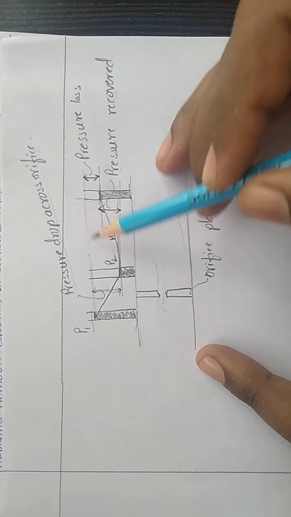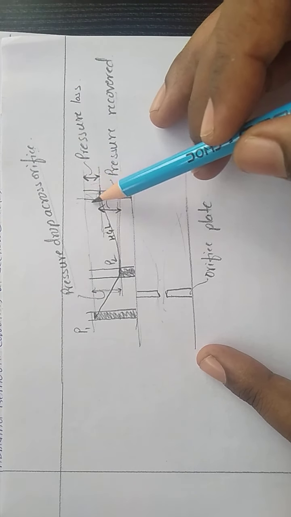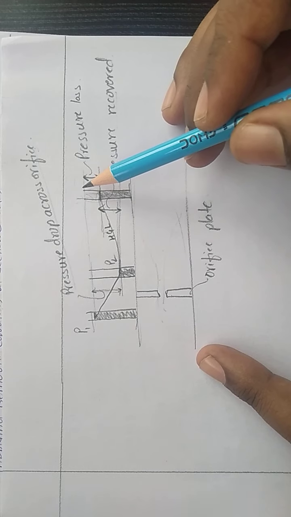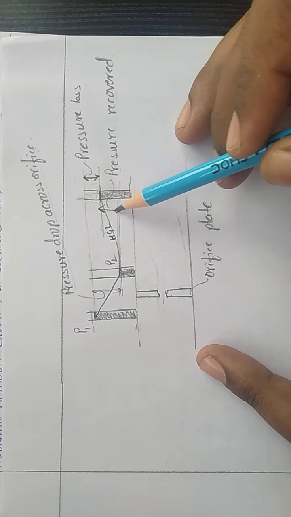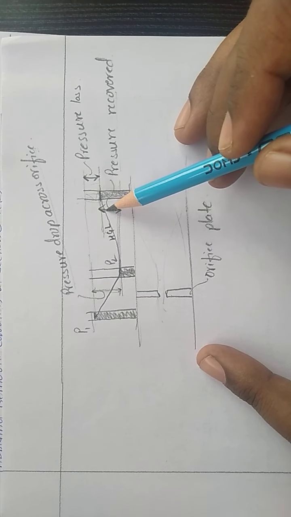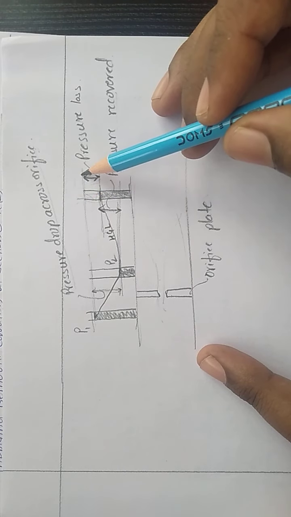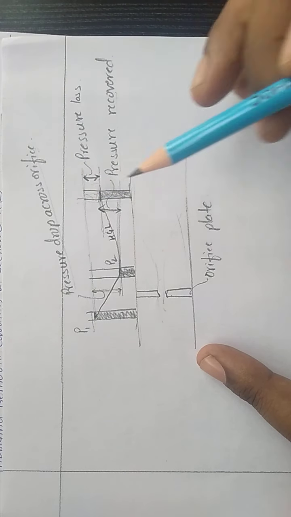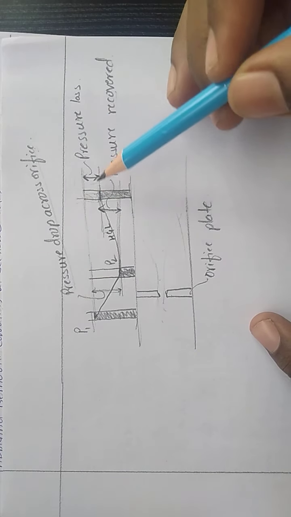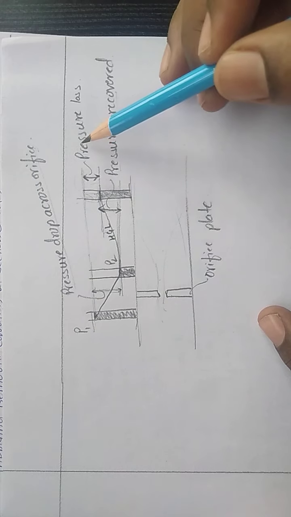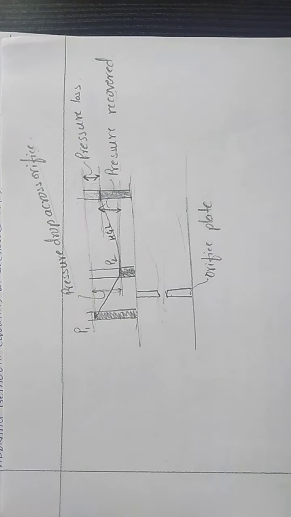So there is a difference of this much pressure head. This is the complete pressure head loss, and we cannot recover it. Only this portion of it is recovered. Ideally we were supposed to have the same pressure head here, but we are not. There is a permanent loss. So if you are using an orifice plate, the losses are more. The disadvantage of using an orifice plate is that the pressure losses are more.